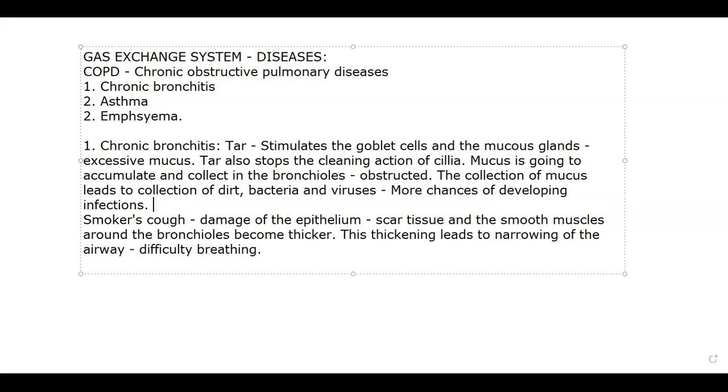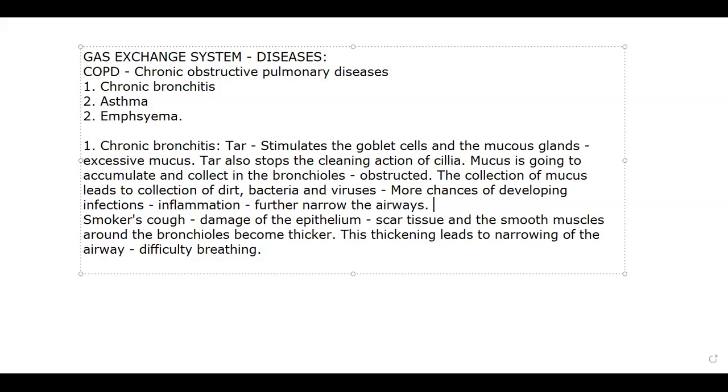Then what is going to happen? If the person gets an infection, what happens? What happens in any infection? Inflammation, right? The tissue becomes inflamed, swollen, red, painful. That inflammation will further narrow the airways, because inflammation is the swelling up of the tissue.